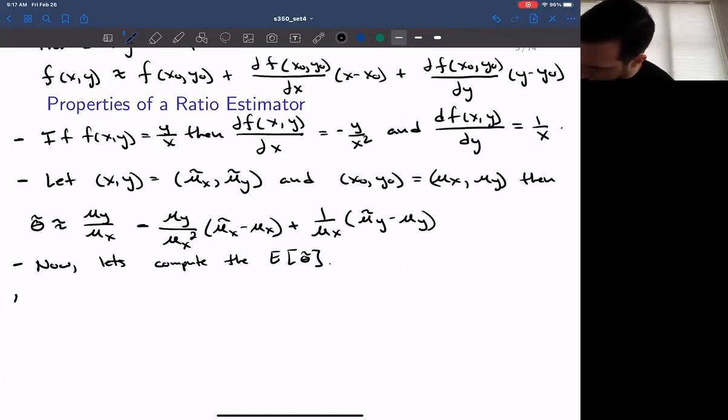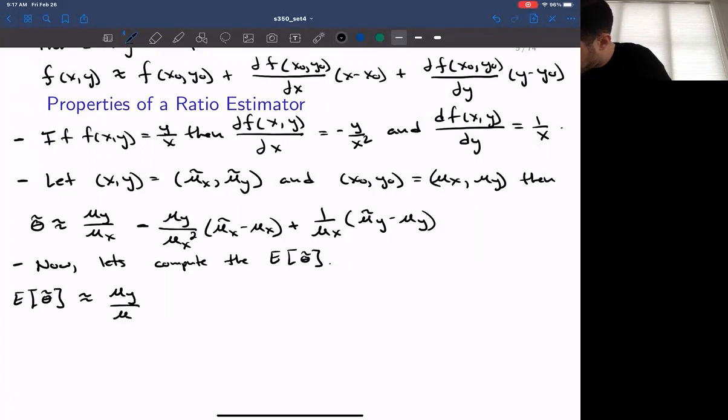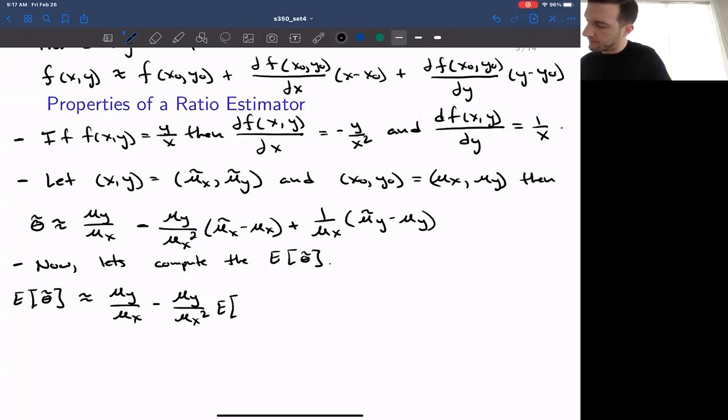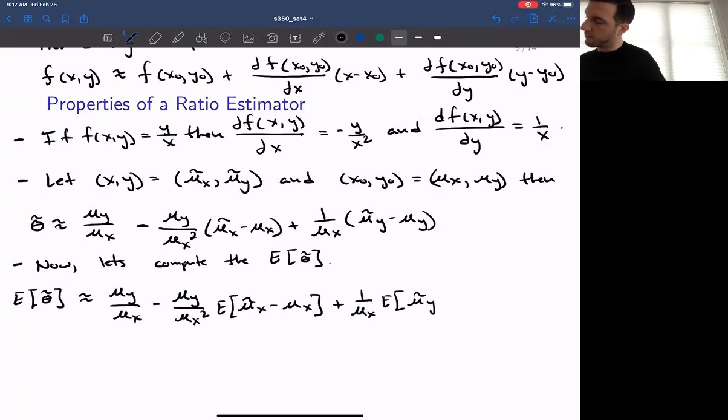So we have the expected value of theta tilde is approximately equal to mu y over mu x minus mu y over mu x squared multiplied by the expected value of mu tilde x minus mu x, plus 1 over mu x times the expected value of mu tilde y minus mu y.